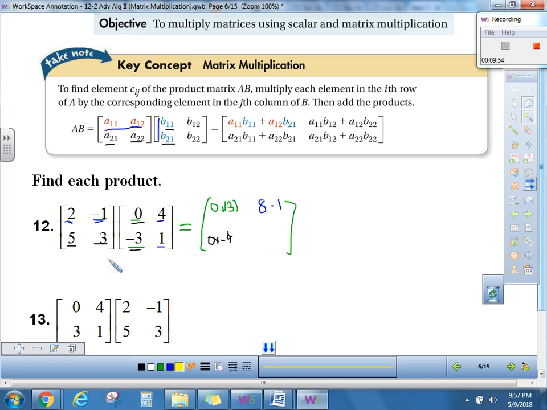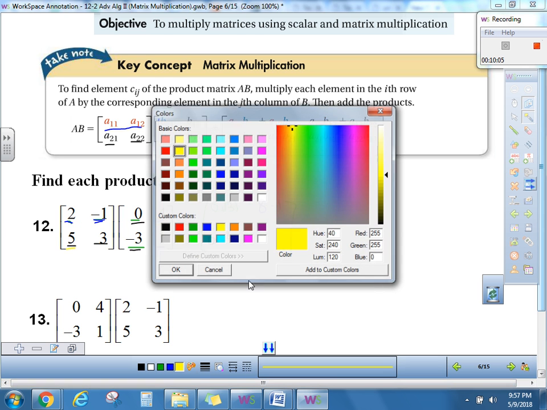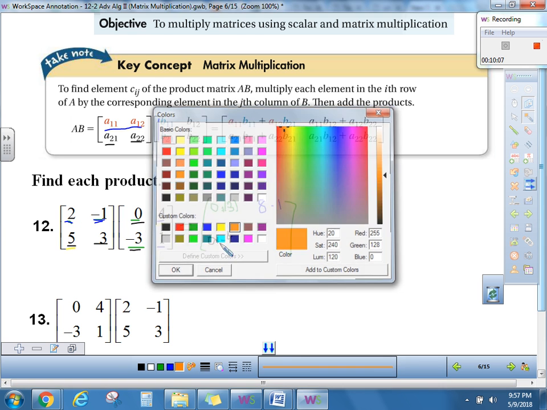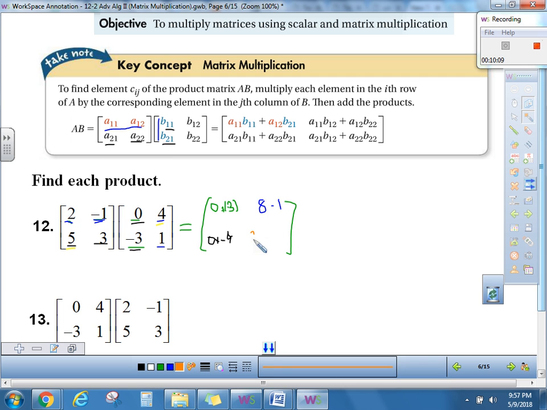Next, we're going to do 5 times, we have not done this column yet. 4. And let me just swap out this color. 5 times 4, that's going to be 20. And add to that 3 times 1, which is 3, so 20 plus 3.